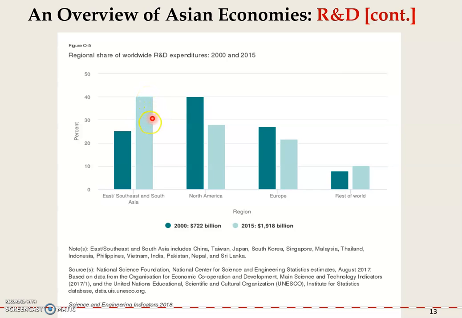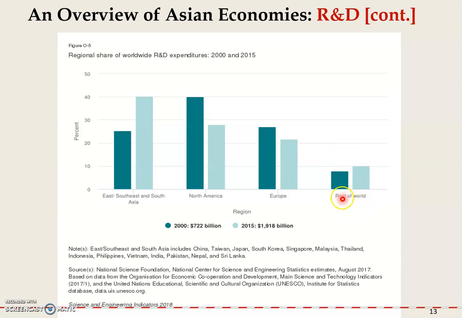North America, back in 2000, used to be 40%. It's the largest, accounts for the largest slice of the global R&D spending. But in 2015, this number already declined to below 30%, approximately 28%. In Europe, it also declined from nearly 28% to approximately 21% of global R&D spending.